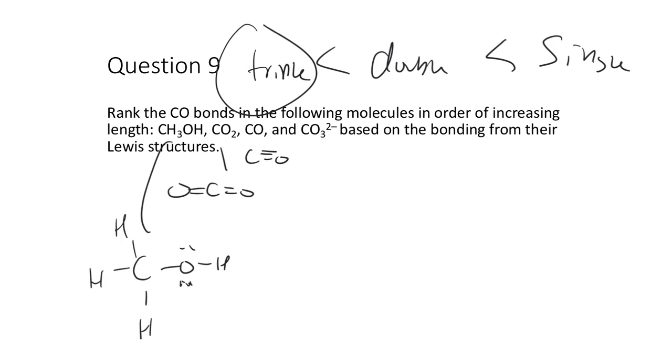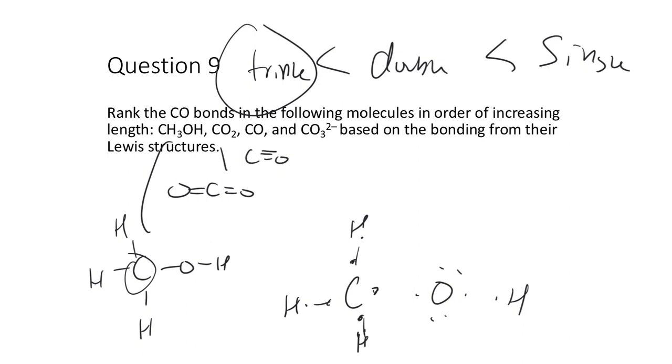Now, how do we get this Lewis structure? Well, one way would be to take this to be your central atom and attach everything, leaving the electrons off for a minute, and then just pair up the hydrogens and pair these up, and that's one way you get the Lewis structure for methanol.